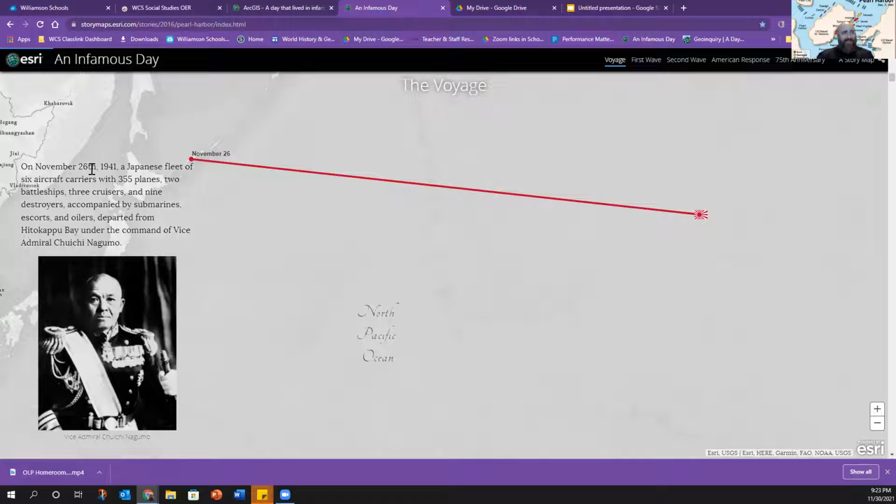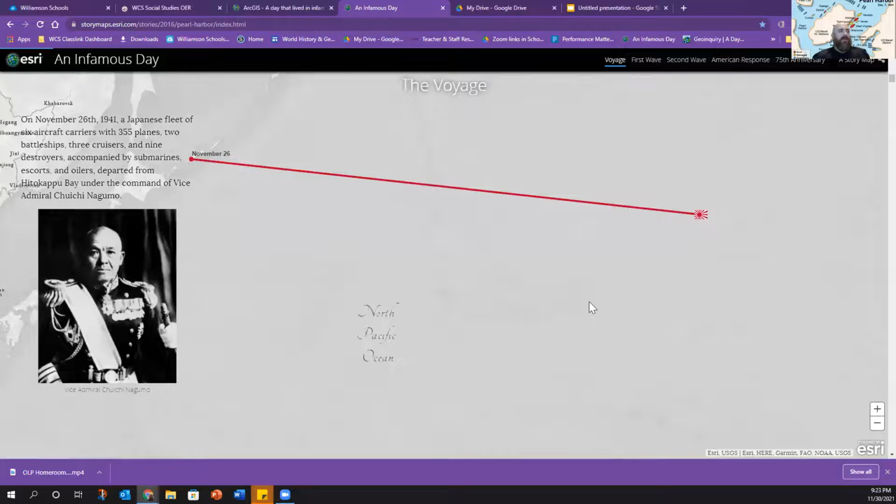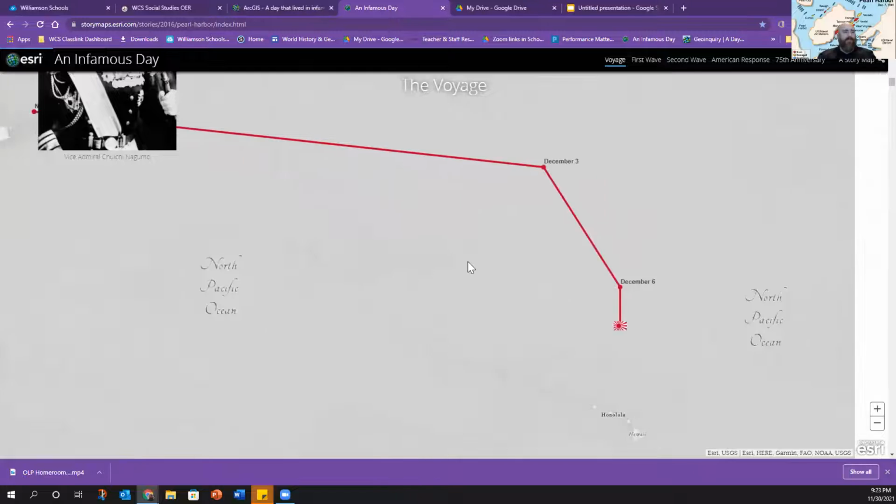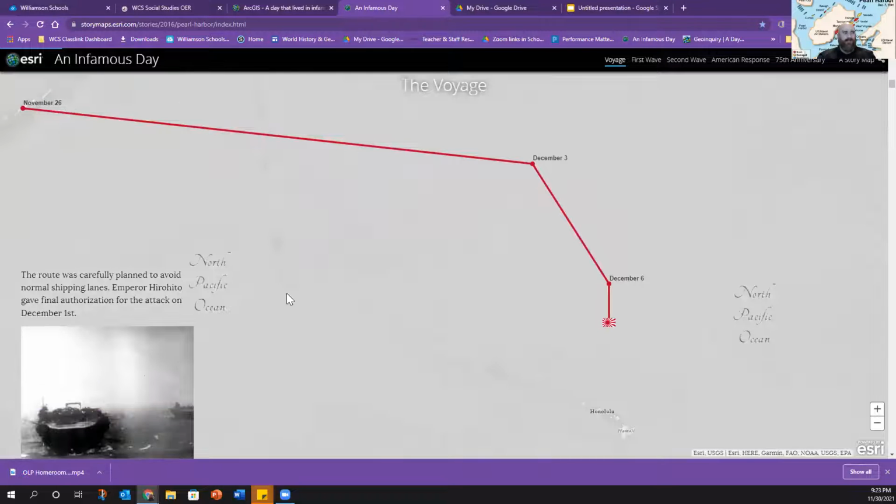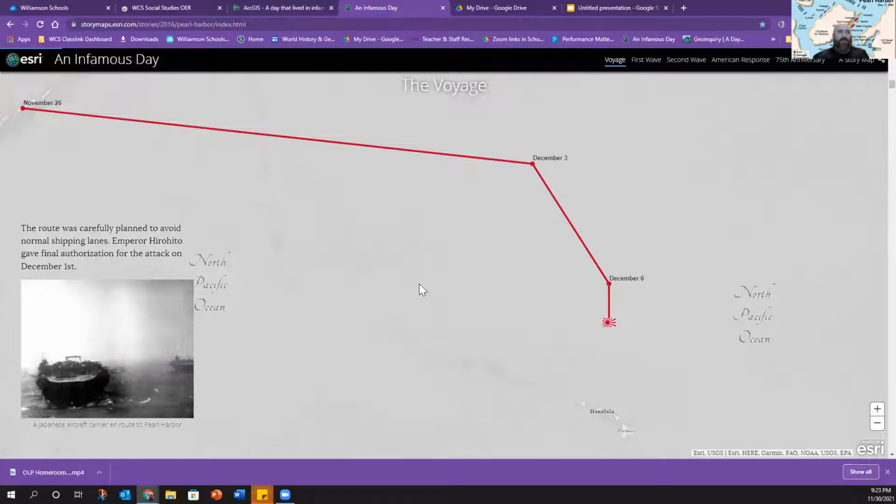On November 26th, 6 aircraft carriers, 355 planes, it's a lot, 2 battleships, 3 cruisers, and 9 destroyers, also 5 midget submarines, leave and head towards their attack. They're maintaining a route that avoids traditional shipping lanes, because they're obviously trying to avoid detection. Their goal is surprise.